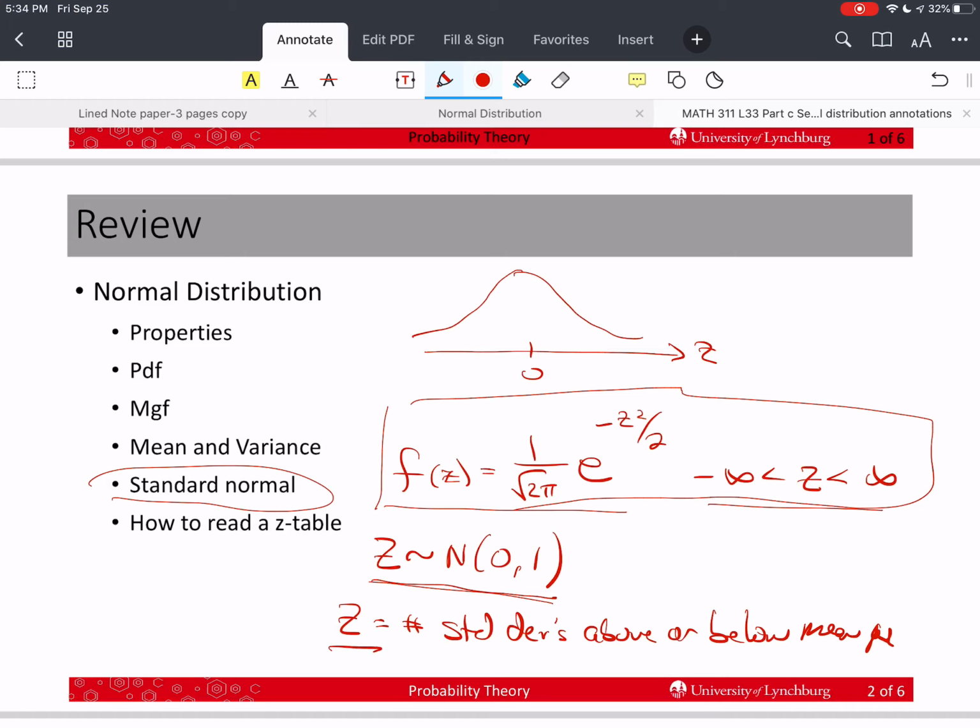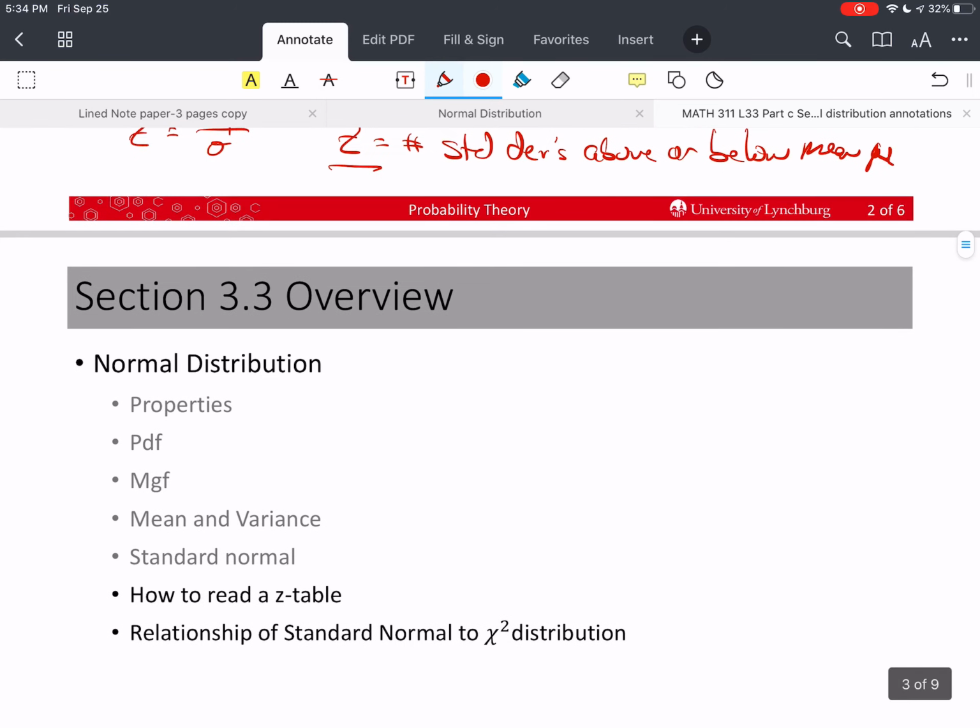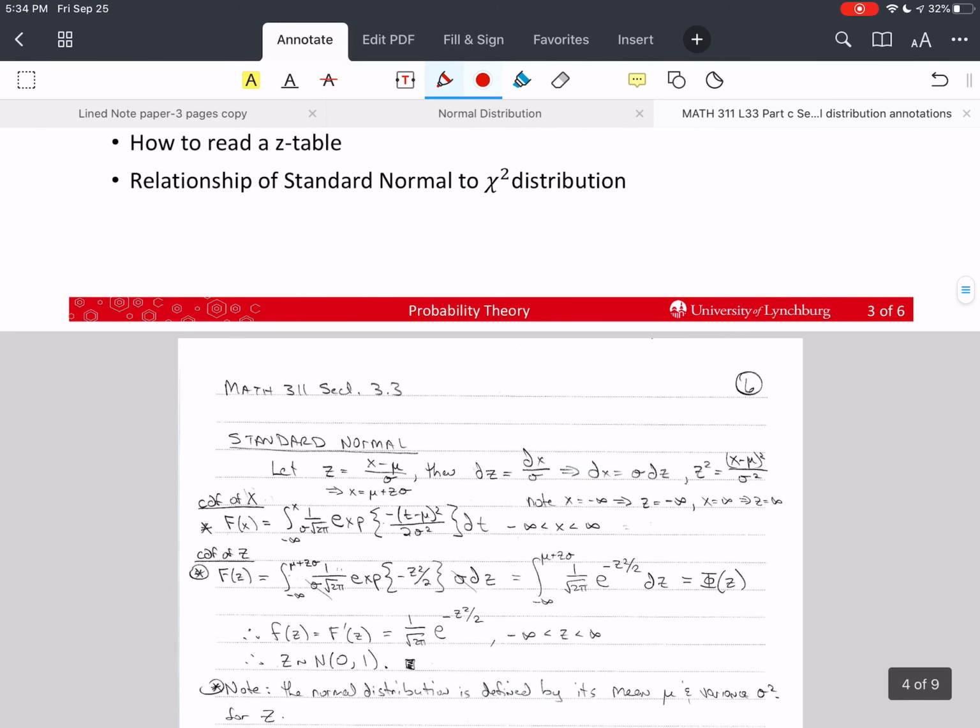Z, the z-score, z equals x minus mu over sigma, is the number of standard deviations either above or below the mean of the score x. We call it a raw score x. So we're going to continue on with reading a z-table, doing some examples, and then we're going to show the relationship between the normal distribution and the chi-squared distribution.